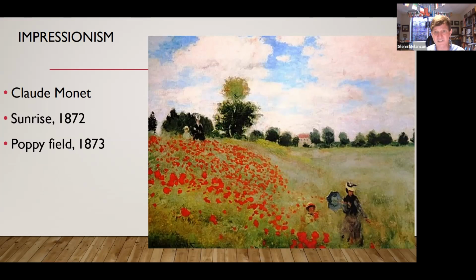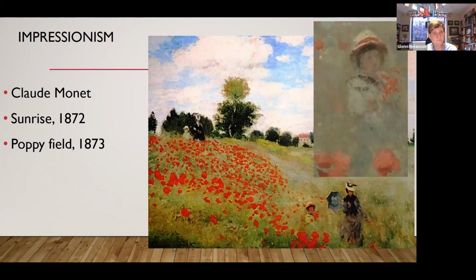And so Impressionism tried to capture that momentary impression. And so even if two people were standing there at the same time, they would have two different impressions of this moment. So if we focus then on this little girl in the foreground, right? Her features blend away.